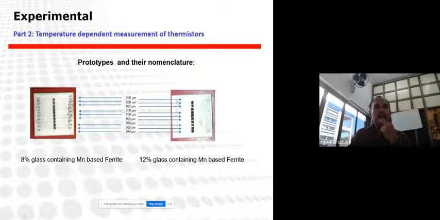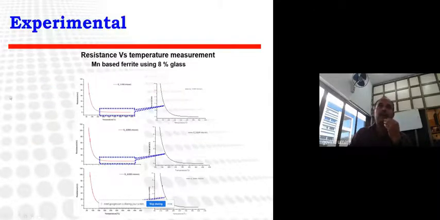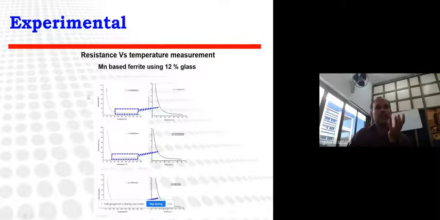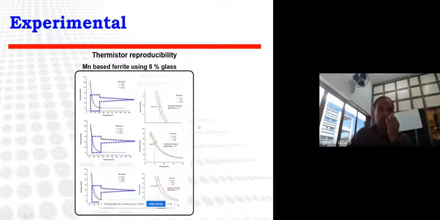Here 100, 200, 300, 100, 200, 300, like three sets of experiments we have done on a single substrate. And we started measuring the resistance versus temperature for the Mn-based sample containing 8% glass. Similarly, we have done it for 12% glass.